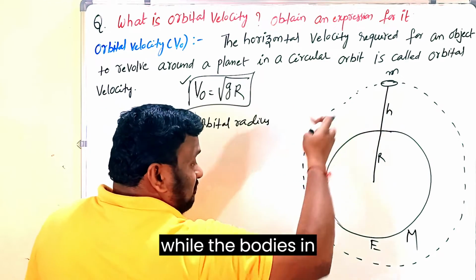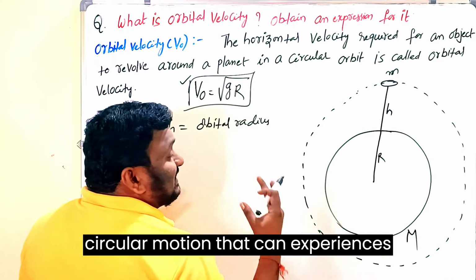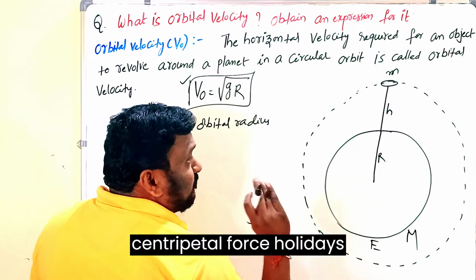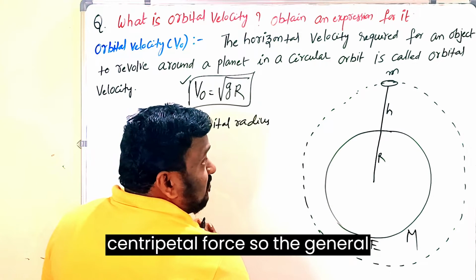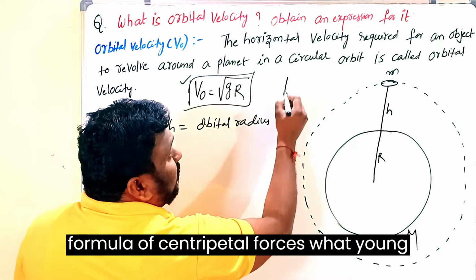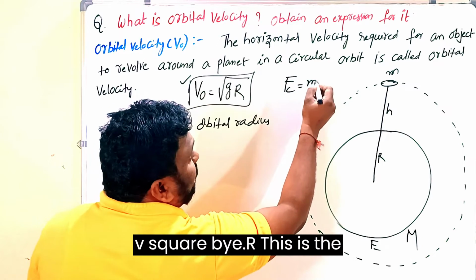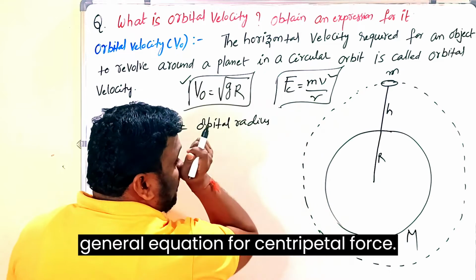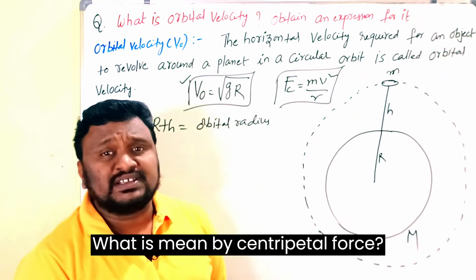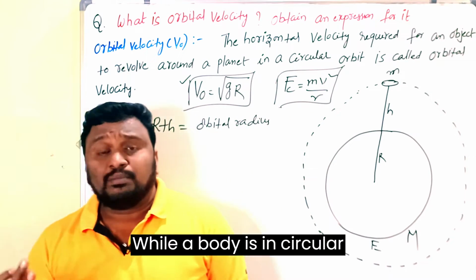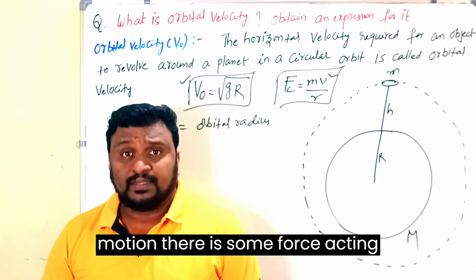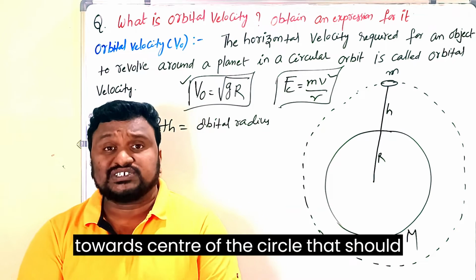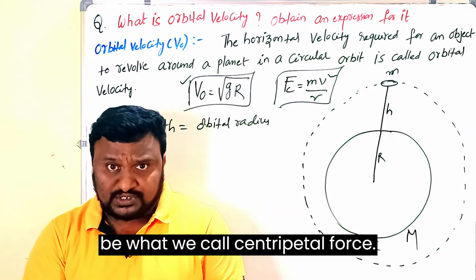While the body is in circular motion, it experiences centripetal force. The general formula of centripetal force is mv square by r. What is meant by centripetal force? While a body is in circular motion, there is some force acting towards the center of the circle, which we call centripetal force.